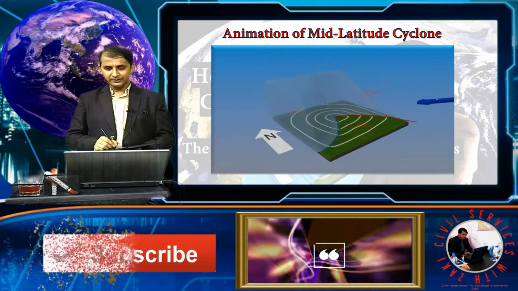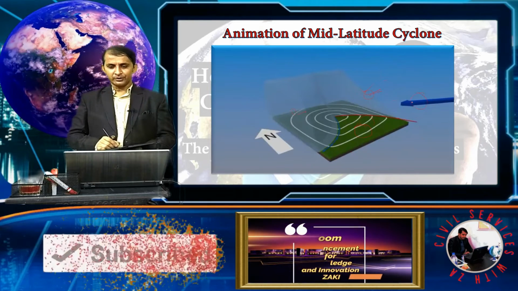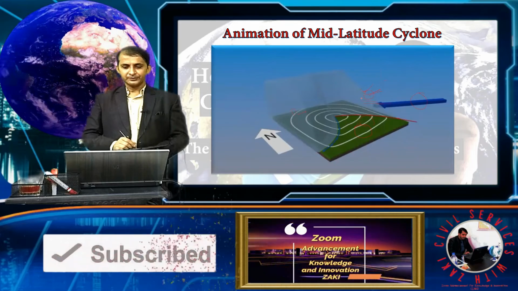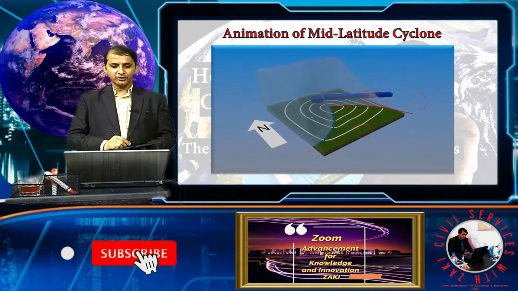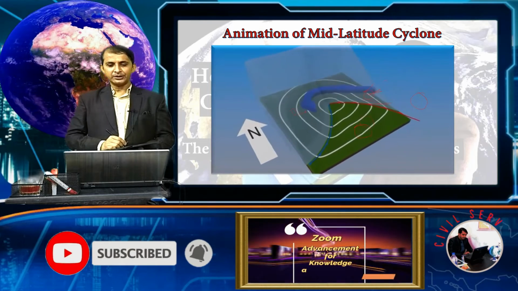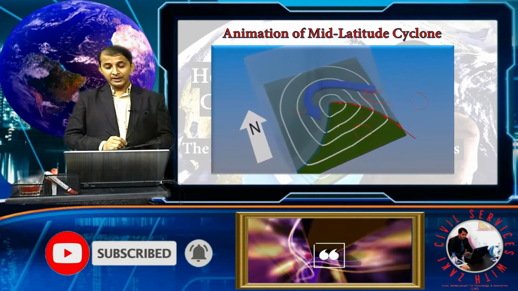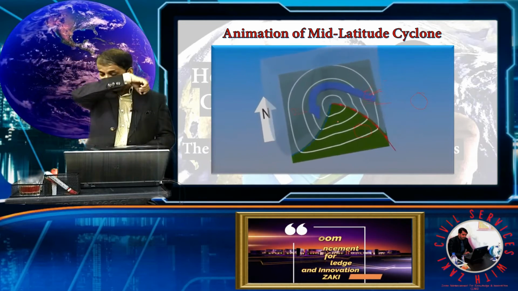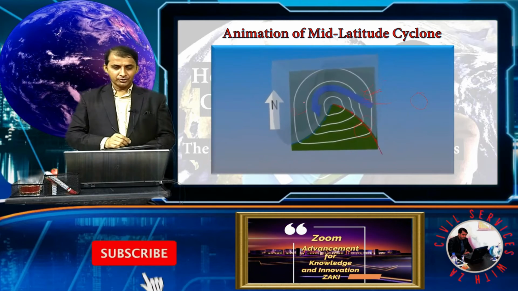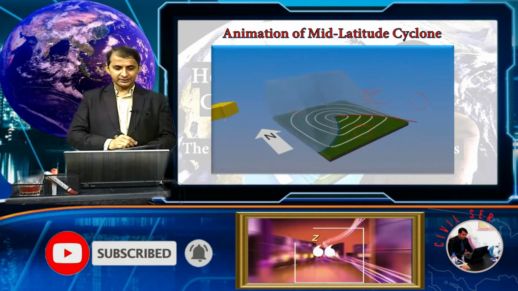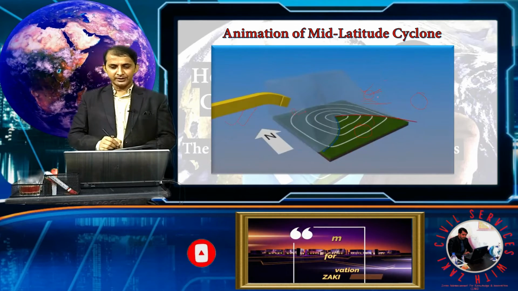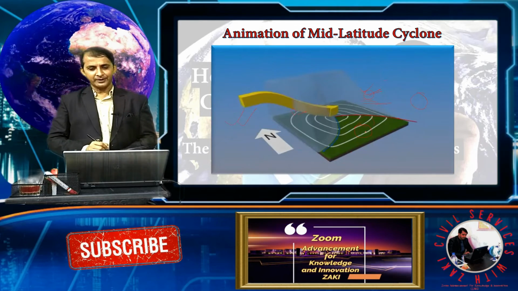See here, this is cold air, and cold air is generated here. The cold air goes downward and in the anti-clockwise direction, and there is also some cooler air. This is cooler air, cold air, and warm air.